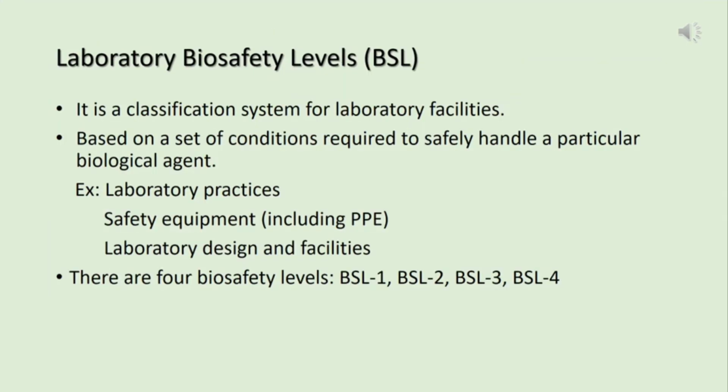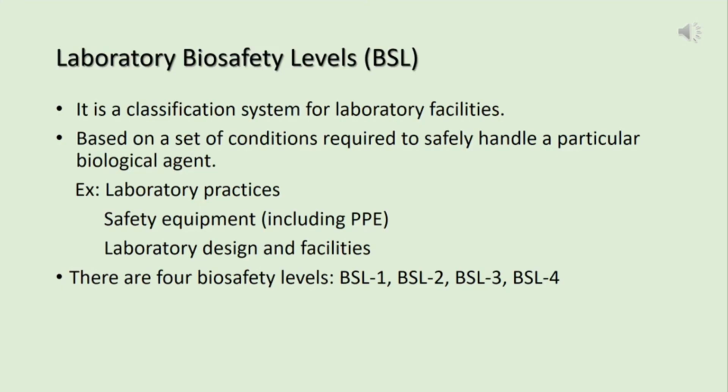The next point we need to consider when we implement risk control measures for biological agents is the laboratory biosafety level, which we call BSL. It is a classification system for laboratory facilities. The purpose of this classification is to tell you how to safely handle a particular biological agent.